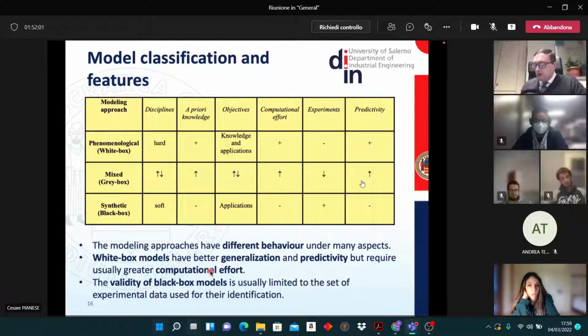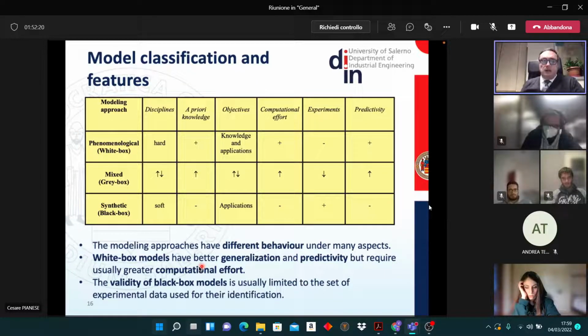White box models have better generalization and predictivity, but they usually require large computational effort, as we said before. The validity of a black box model is usually limited to the set of experimental data for their identification.